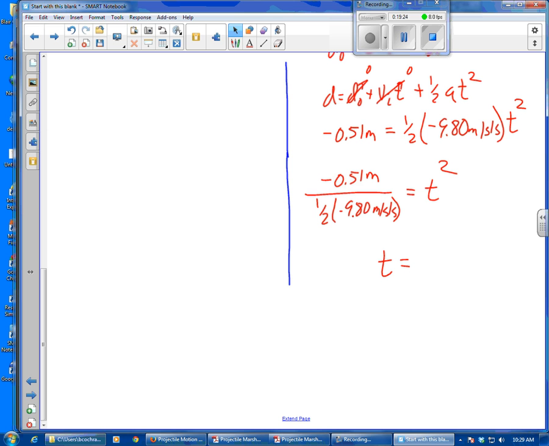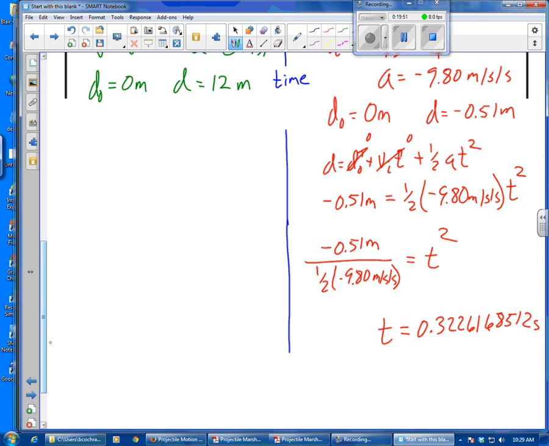It could be kind of a problem. I end up with a time of 0.3226168512 seconds. And that is the time for both sides. So that can come right up there. And then I can use that on either side.